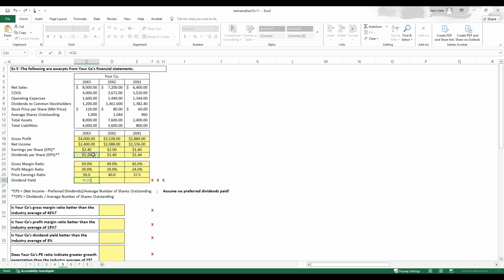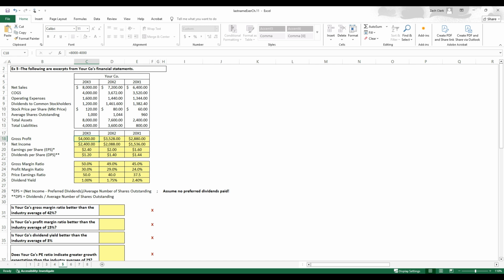So dividends per share divided by the market price per share. So here we've got, let's see if this will work. I can stretch that formula over and we'll just update to the changed market price. Stock price 60 on that one.